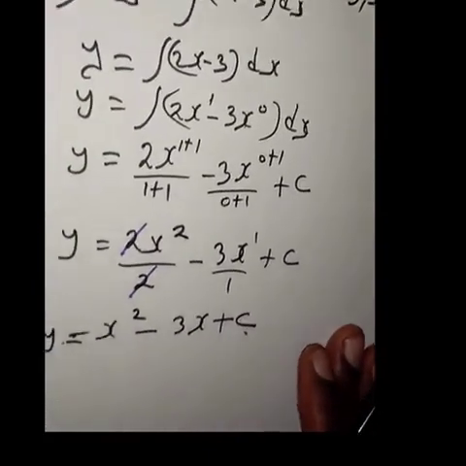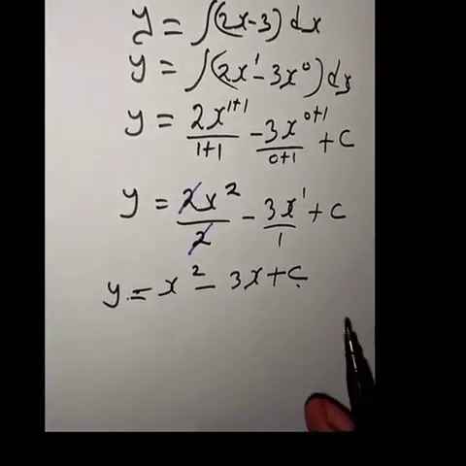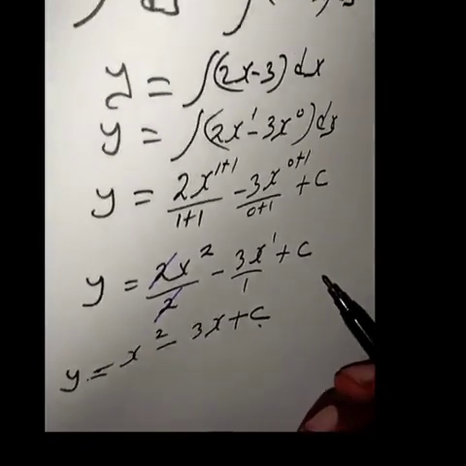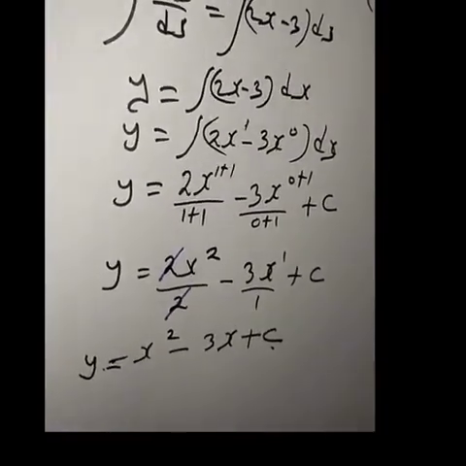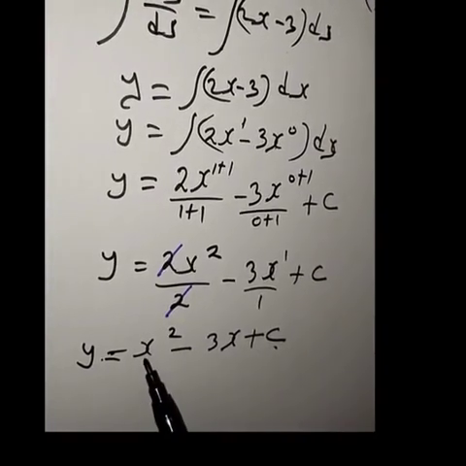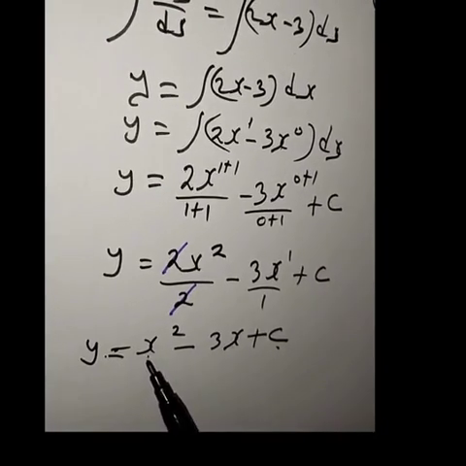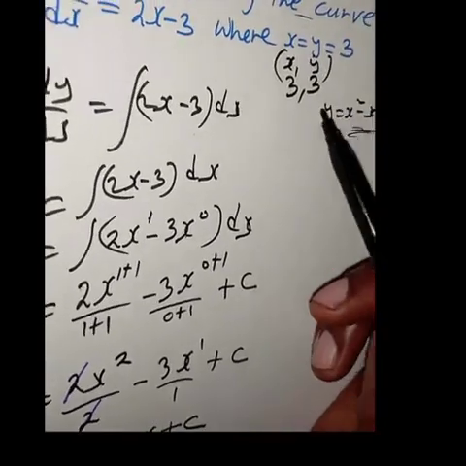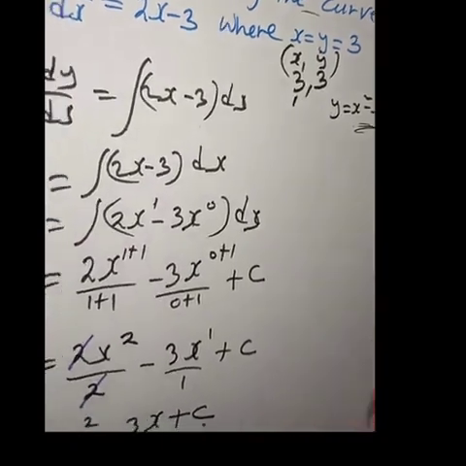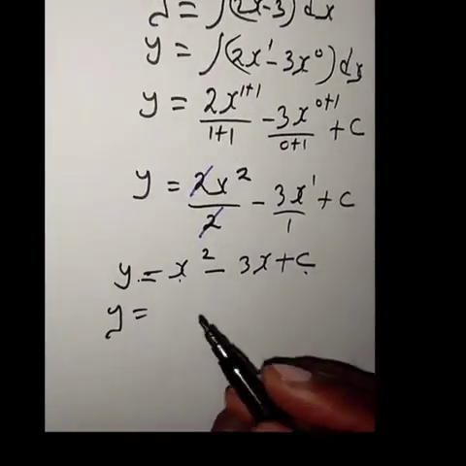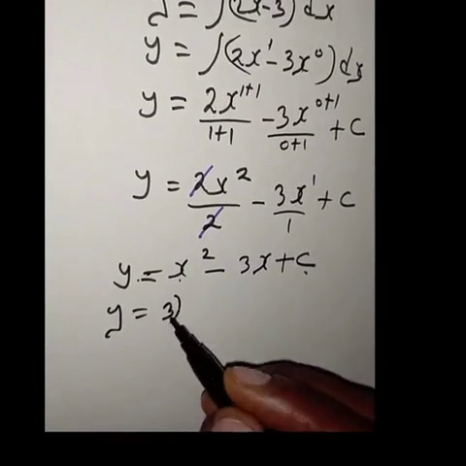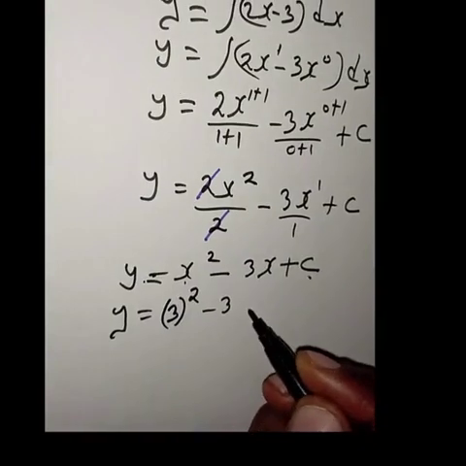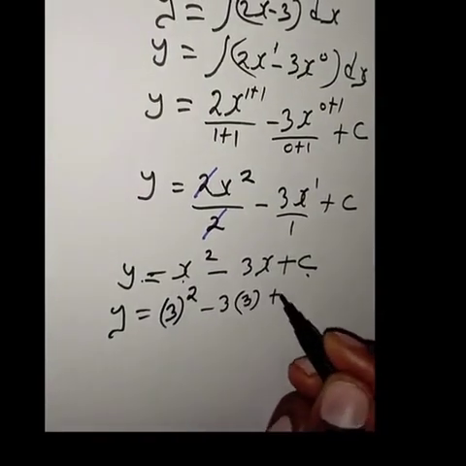So for us to know the value of the constant, we're going to replace the x variable with 3. This 3 is for x. Where there's x, we put 3.